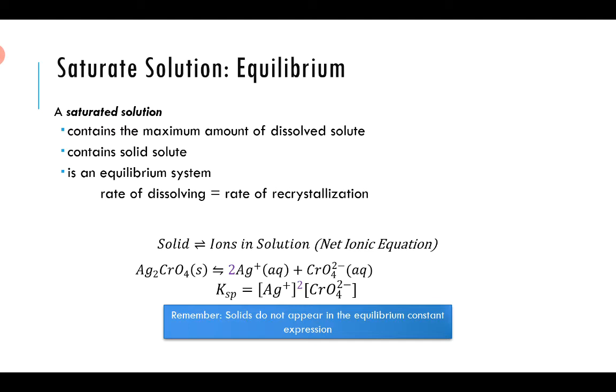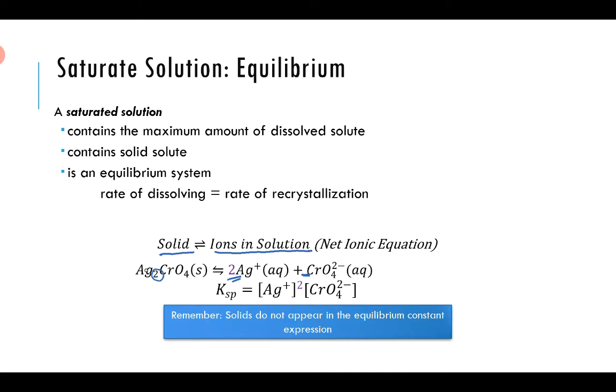All right. So we can also use this to figure out our equilibrium expressions for when we're dissolving ionic compounds. So when we're dissolving our ionic compounds, we have a solid that's turning into ions in solution in our net ionic equation. So we have this example has our solid silver chromate, and that means that we have 2 silver ions for every 1 chromate ion.